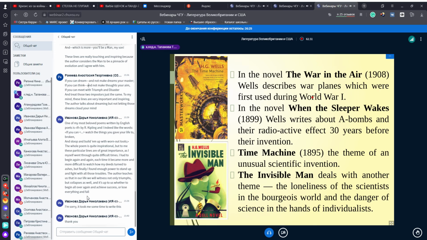And they were used during the First World War. The author was also writing about A-bombs in his novel When the Sleeper Wakes in 1899, and in 30 years they appeared.